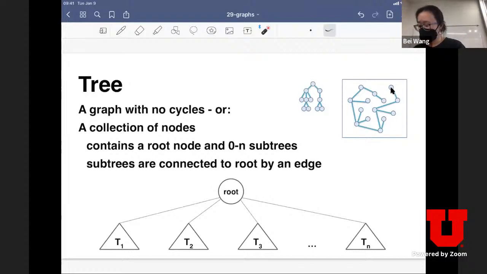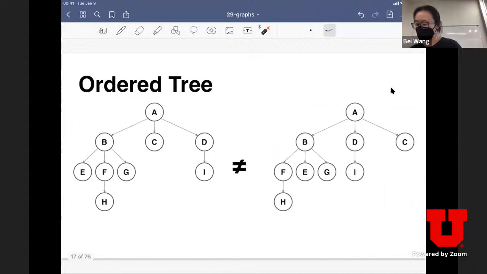Okay, so we're going to see some tree structure later when we talk about, well, actually also graph structure. But the tree is a very specific type of data structure that is used a lot in computer science. There's also things like an ordered tree versus an unordered tree, meaning that there's a specific ordering of the underlying nodes.